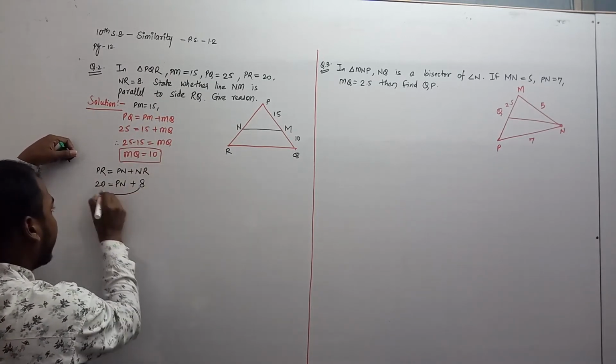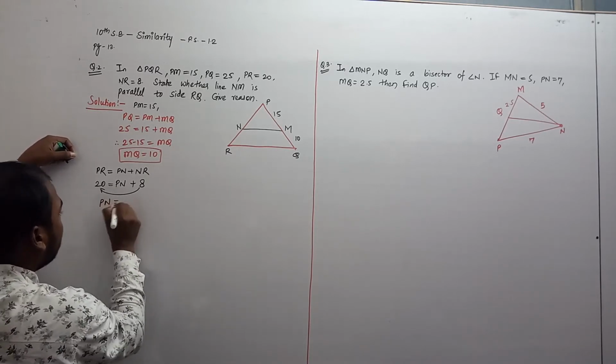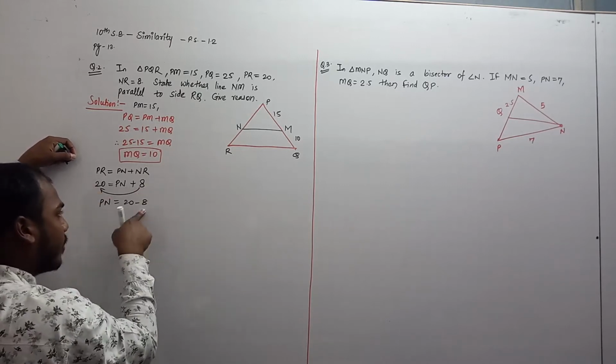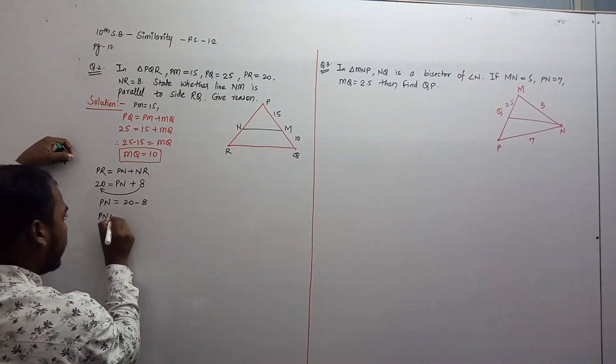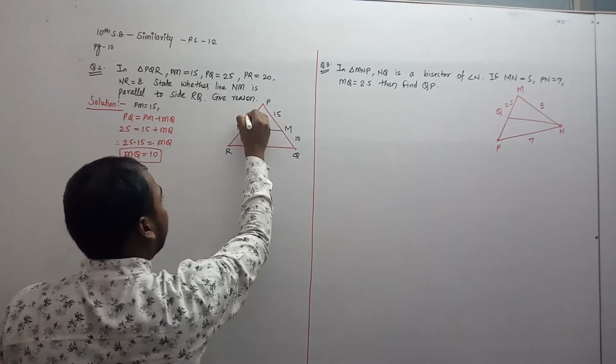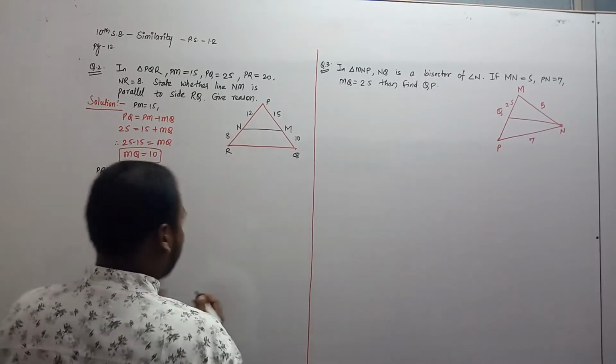If we take 8 to this side, we get PN is equal to 20 minus 8, which is 12. So we can write PN as 12, and NR they have given us as 8.